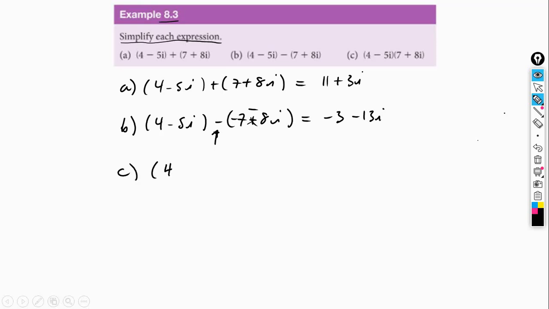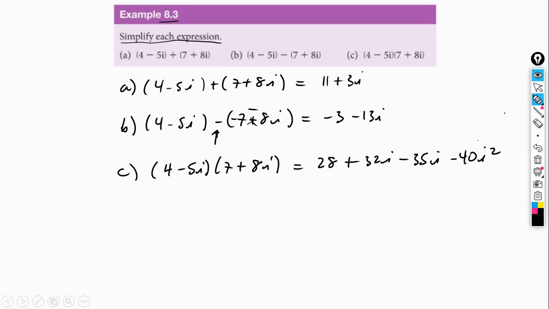For C, we're going to multiply these numbers. So it's going to be 4 minus 5i times 7 plus 8i. And here we just apply the distributive property. So 4 times 7 is 28, plus 4 times 8 is 32i, minus 5i times 7 would be minus 35i, and then we would have minus 5i times 8i, and that's going to be minus 40i squared.